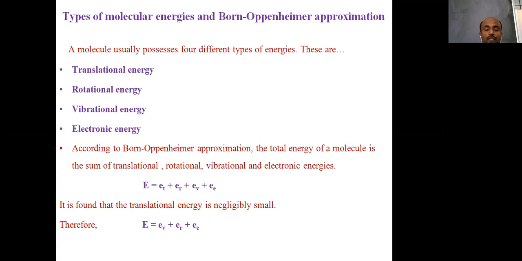Therefore, in terms of mathematical formula, we can write E is equal to translational energy plus rotational energy denoted by ER, vibrational energy denoted by EV, and electronic energy denoted by EE. And it is observed that the translational energy is negligible, therefore it can be neglected, and we get the new equation: total energy of the molecule is equal to vibrational energy, rotational energy, and electronic energy. This is called as Born-Oppenheimer approximation.